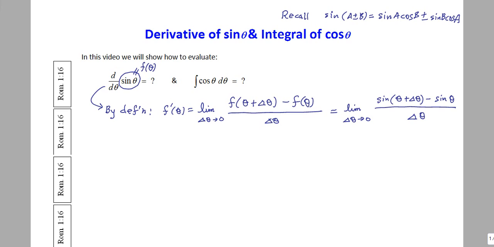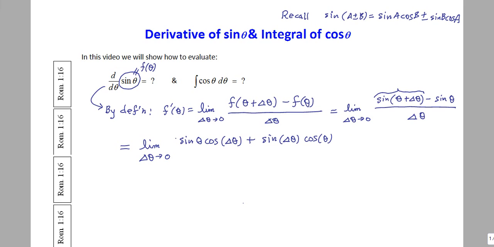And so if I apply that to this result right here, then I can write this as the limit as delta theta tends to 0 of sine of the first angle cos of the second angle plus sine of the second angle times cos of the first angle.